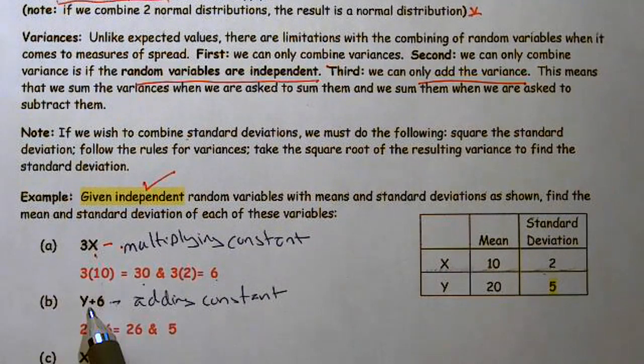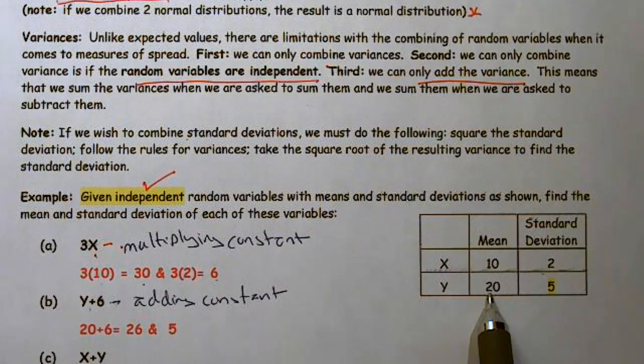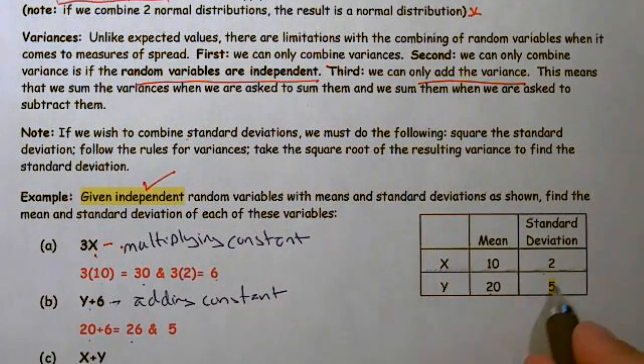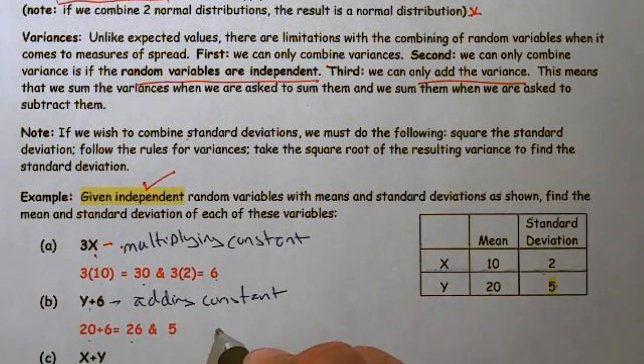So they want y plus 6. So that's just the 20. And I can add 6, and my new mean is 26. That's no problem. But when I have my standard deviation, well, 5 plus 6, but we can't add the constant, so it just stays the way it was. And remember when we said that was true for the range, all right, nothing changed.